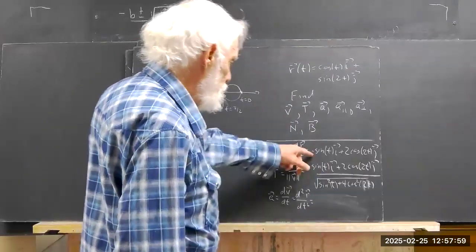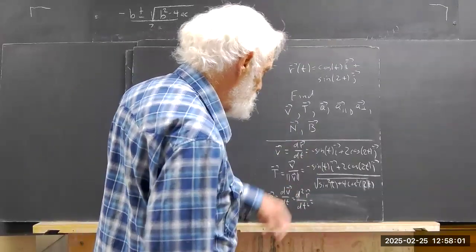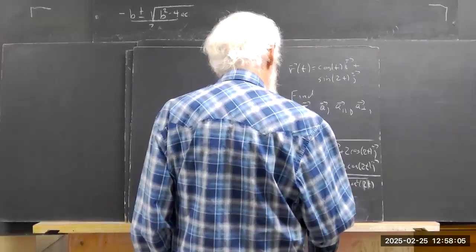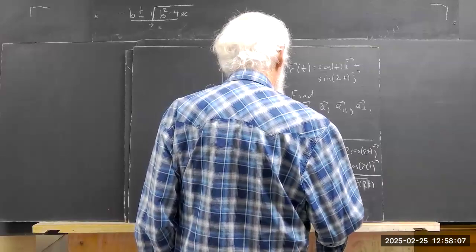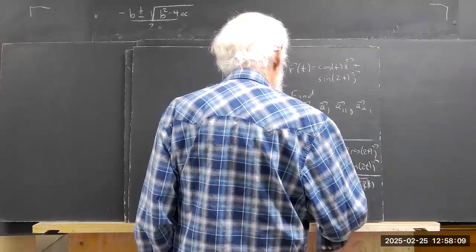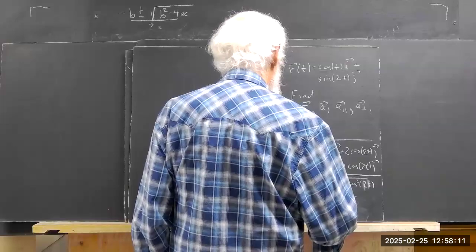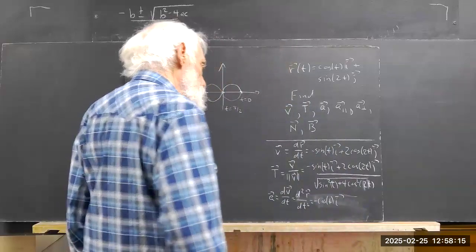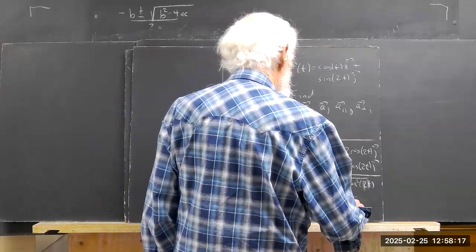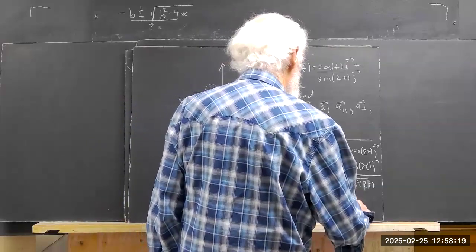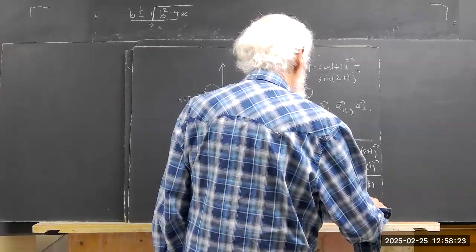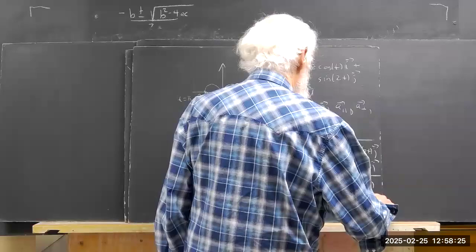Whether as derivative of velocity or second derivative of your position, it's going to come out negative cosine of t times i, and then you're going to have minus a sine of 2t.